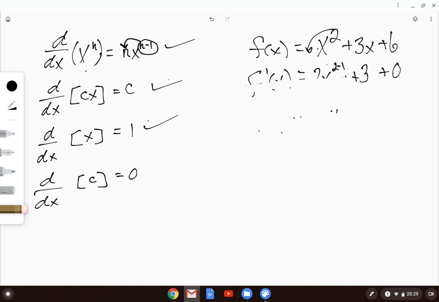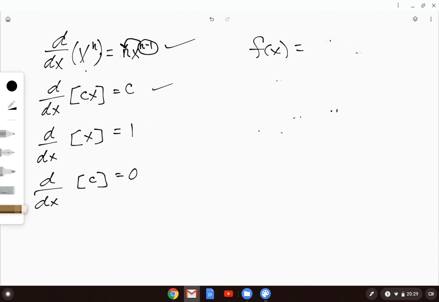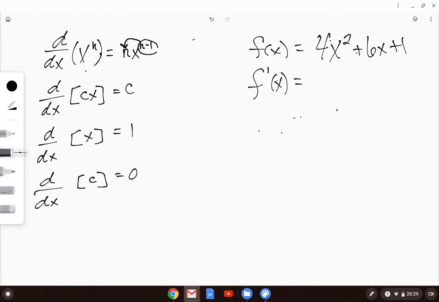All right, so we'll go ahead and we'll do another example. All right, so here I've got f of x is going to this time equal 4x squared plus 6x plus 1. So if I'm going to write my derivative function, first thing I look at is I have 4x squared.